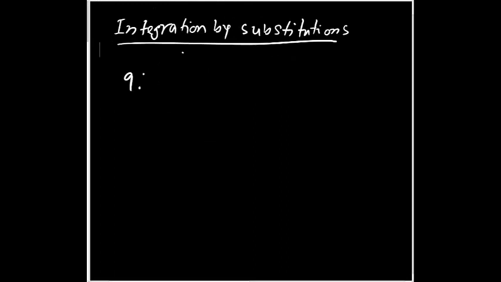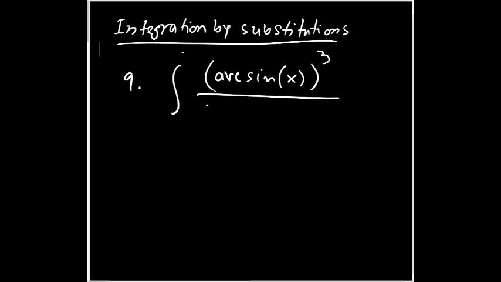So this problem is like this. The integral of arc sine x to the 3 divided by square root of 1 minus x squared dx. Okay, we'll say this. So then you can see arc sine is related to 1 over square root of 1 minus x squared. Remember from the derivative rules?